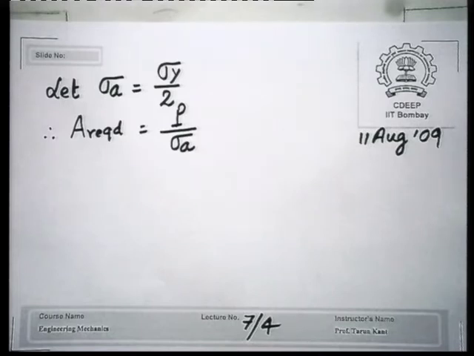So, this margin is called factor of safety. I am providing a factor of safety of 2, or a factor of safety of 1.5, or anything. For most civil engineering buildings, we have a factor of safety of anything between 1.5 to 2.5.